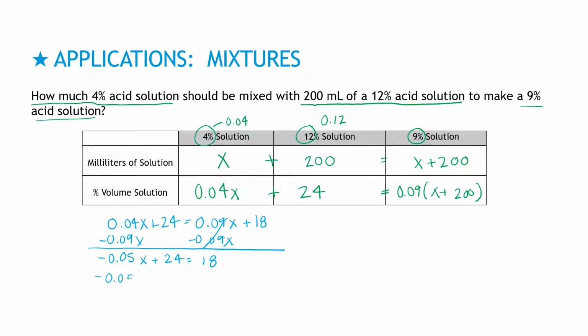So negative 0.05x equals negative 6. Then I'm going to take negative 6 divided by negative 0.05, and that gives me 120. So again, did I answer the question? I'm looking for how much 4% solution, and that was what I set x equal to. So my answer is I would need 120 milliliters of 4% solution to make my 9% solution.